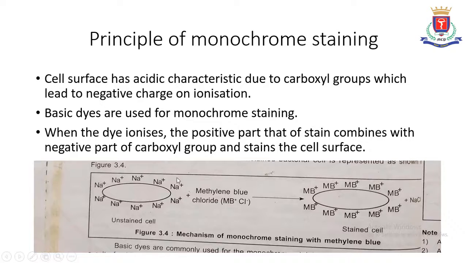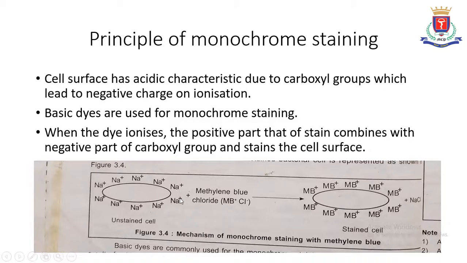Here you can see the surface of the bacteria is negatively charged and Na plus ions are observed due to the sodium chloride solution which is present in the bacterial suspension.